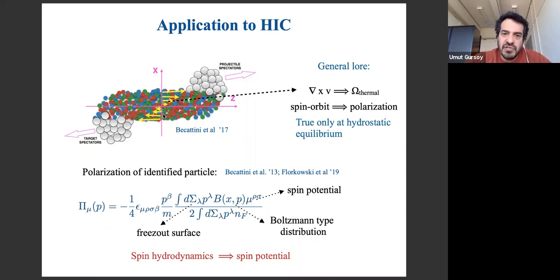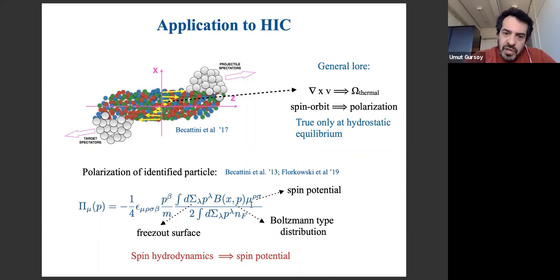Freeze-out is essentially where this quark-gluon plasma hadronizes and turns into hadrons. So you integrate over that freeze-out surface, and you introduce some kind of Boltzmann type distribution for the particles that are coming out. And this X is the location on the freeze-out surface. It also depends on their momenta, and there's some normalization factor. And this mu, the spin potential, is entering it precisely here.